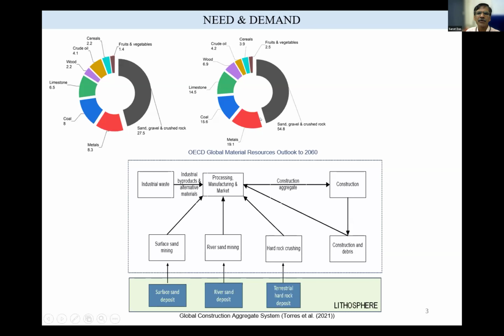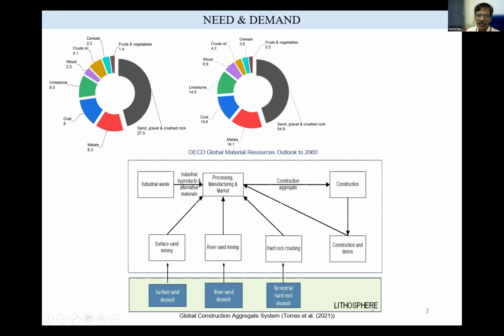This is what we call geomaterial, and it is a very high percentage compared to other materials. Even metal is 19 gigaton, whereas sand and gravel we need 54.8 gigaton. Where will we get this?